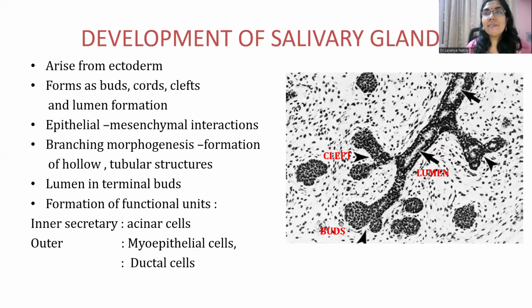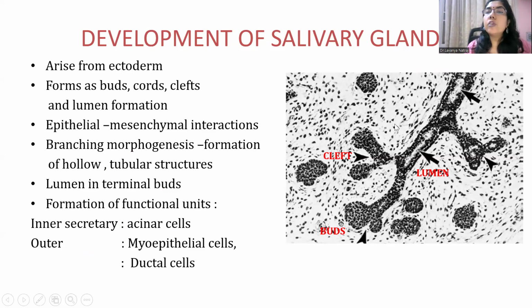Now coming to the development of salivary glands. What do they arise from? Salivary glands, as you all know, arise from the ectoderm. First, the epithelial cells form as buds. As you see in the picture, we have drawn them as small buds. From the bud, cord formation and narrow elongation occur, there will be some clefting, and lumen formation.